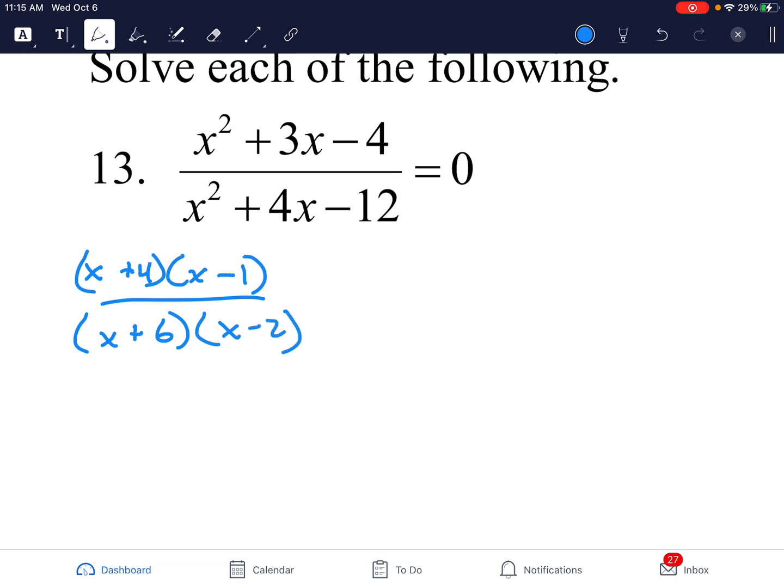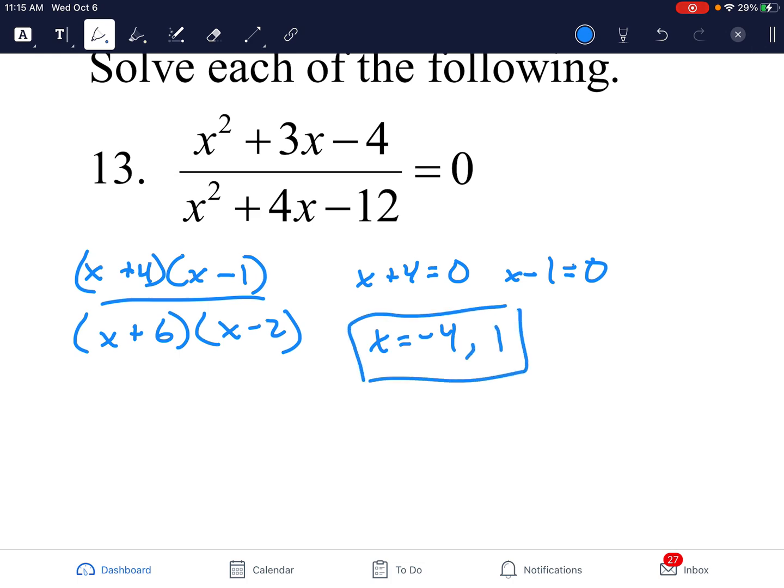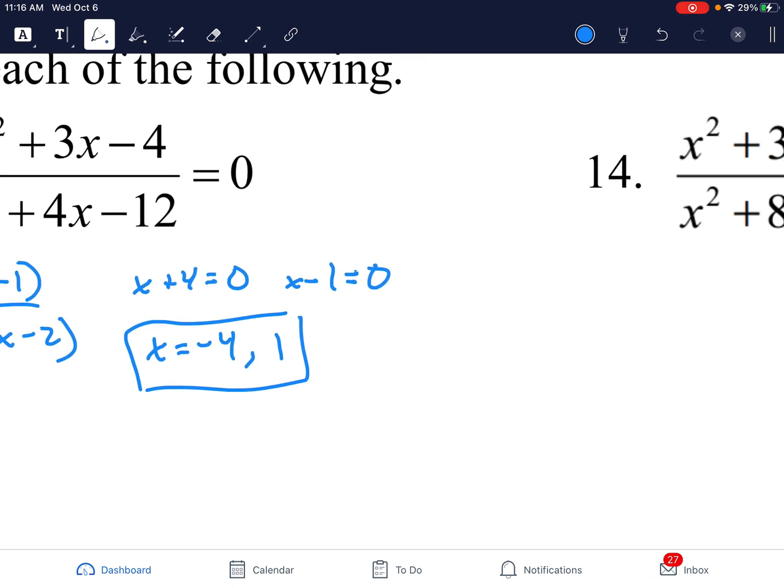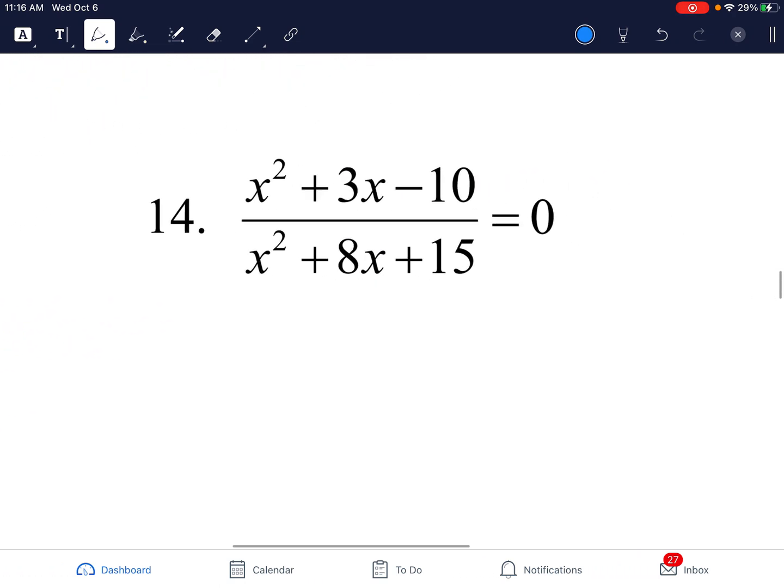Now you'll notice that nothing cancels, so we're just going to take the numerator factors, x plus 4, set it equal to 0, x minus 1, set it equal to 0, and x will equal negative 4 and positive 1. So we're just caring about the numerators, not the denominators. I don't care what the denominators are unless they cancel something. We're just solving for the tops of our fractions.